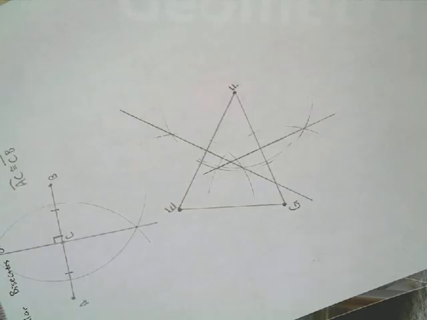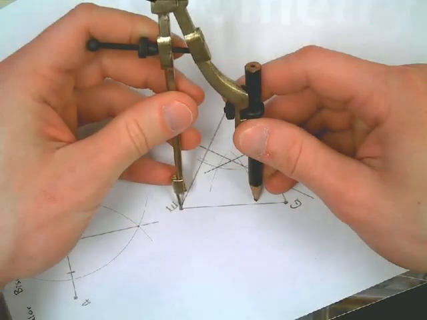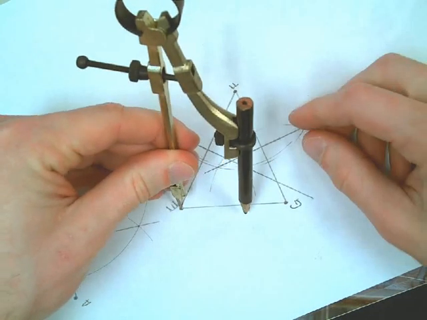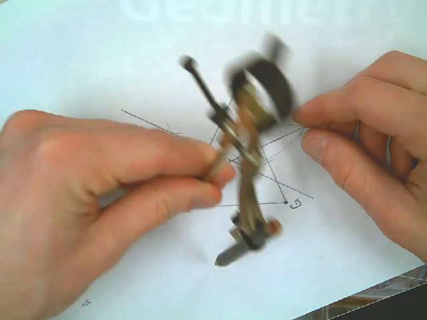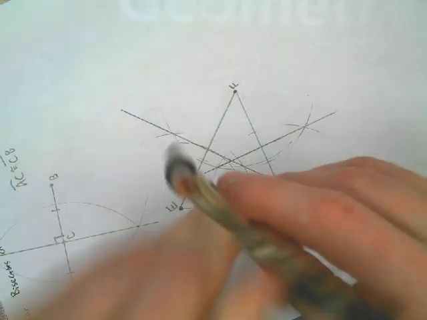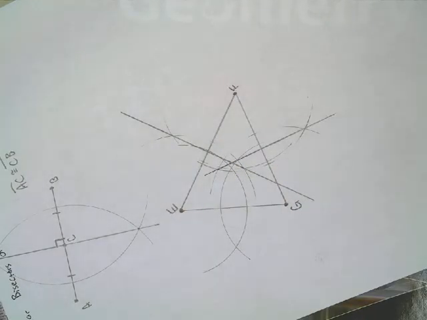So do we all make it a different size? Yep. So again, I would suggest adjusting it. So again, compass point on E, and I would suggest adjusting it, just a little bit different. Okay, again, swipe around E there. Okay, swipe around point G. Okay.